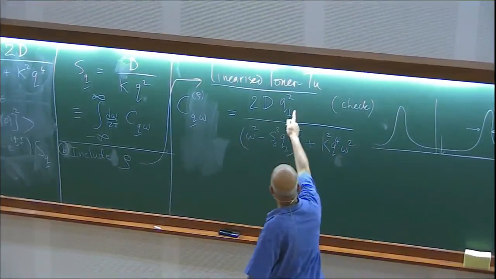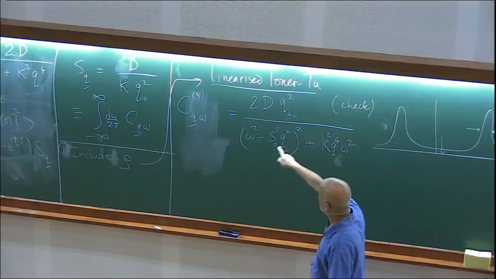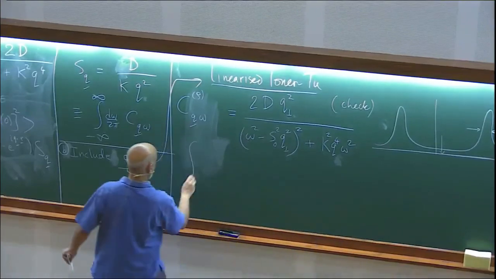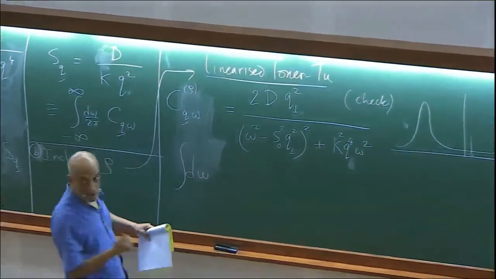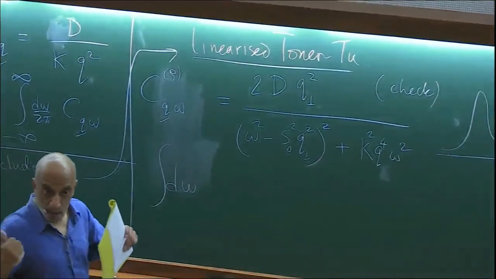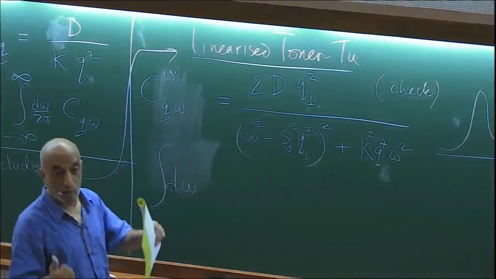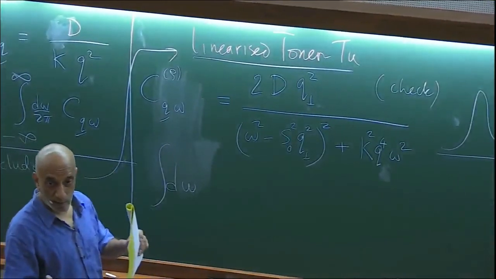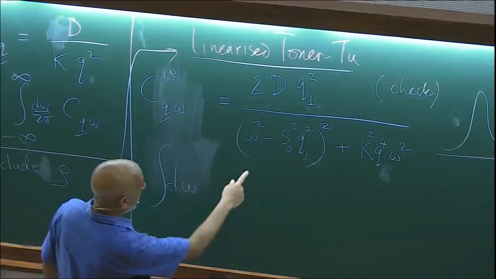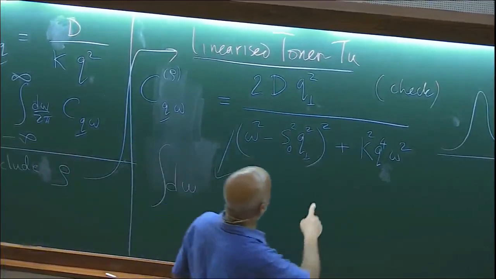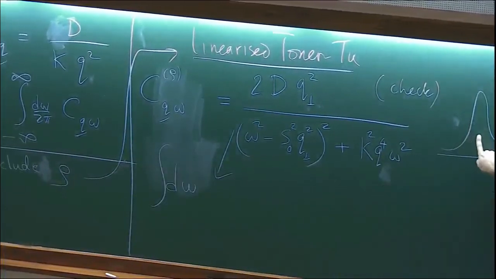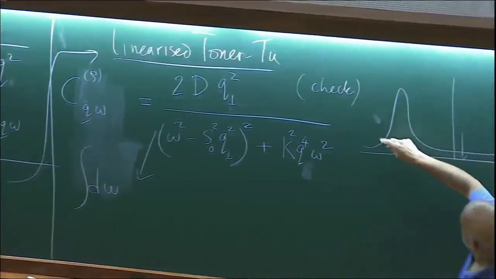And the important thing is, you can now take this object and integrate it over frequency to give you the static structure factor, the spatial Fourier transform of the spatial correlation function of density fluctuations, right? And if you do that, you can very easily guess what it will be. You can do an integral by looking at it and intimidating it.